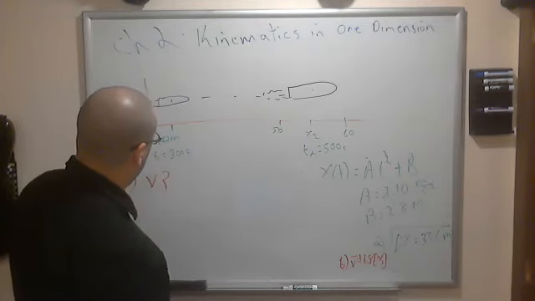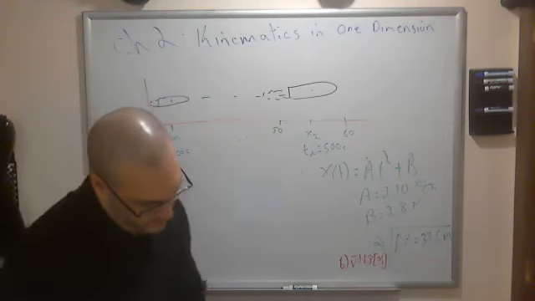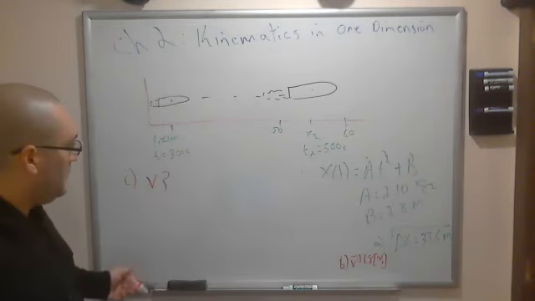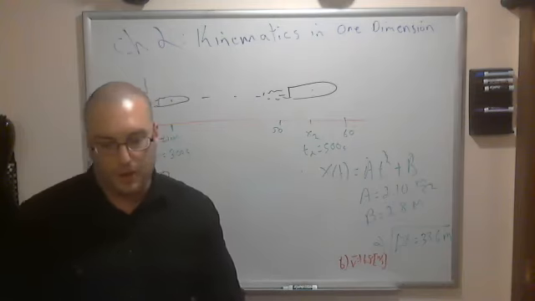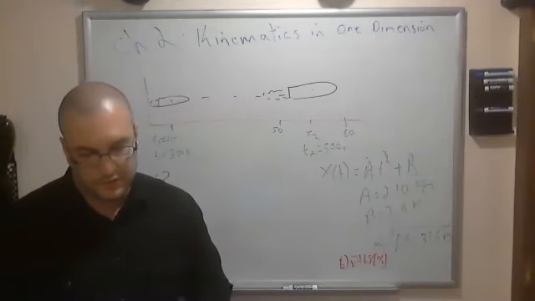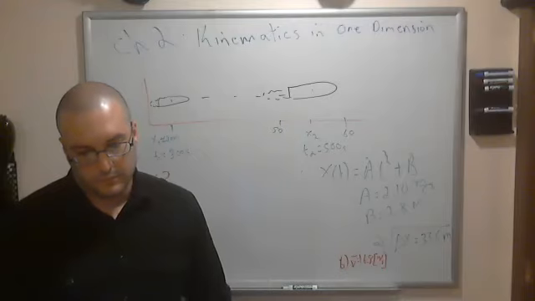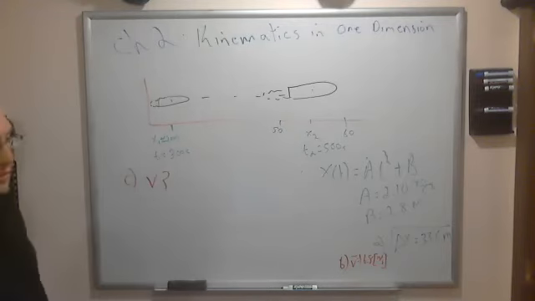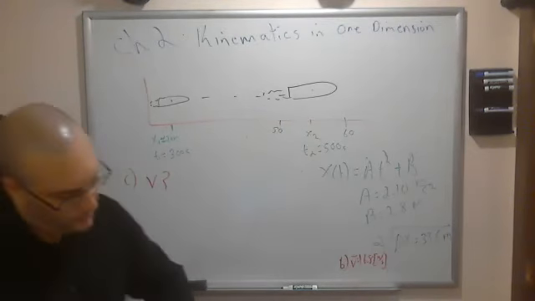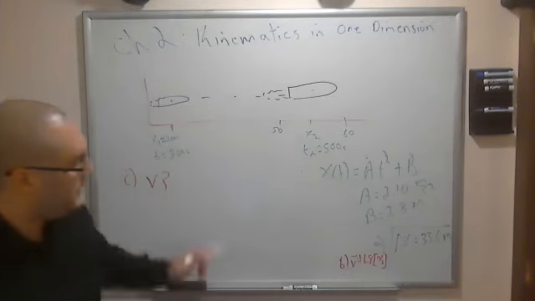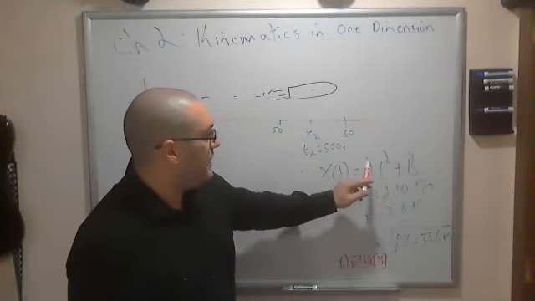The velocity. We'll just label it like that. What is the velocity? And can anybody tell me how to calculate the velocity from this? Determine the instantaneous velocity at 5 seconds.